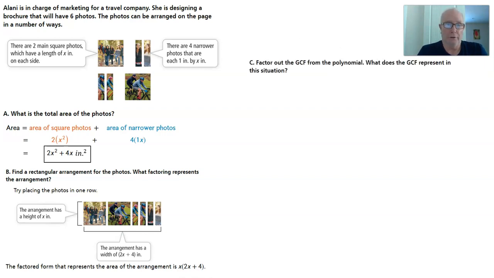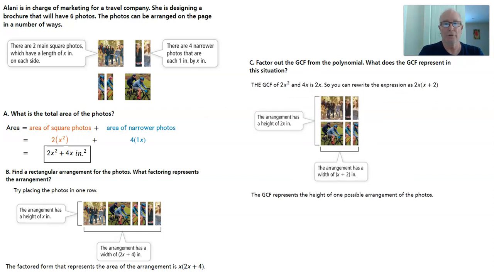So now the next question, factor out the greatest common factor for the polynomial. And what does that greatest common factor represent in this situation? Okay, the polynomial is 2x squared plus 4x. So we want to factor out the greatest common factor. So for the 2x squared and the 4x, the greatest common factor is 2x. So rewriting that expression, we get 2x times x plus 2.